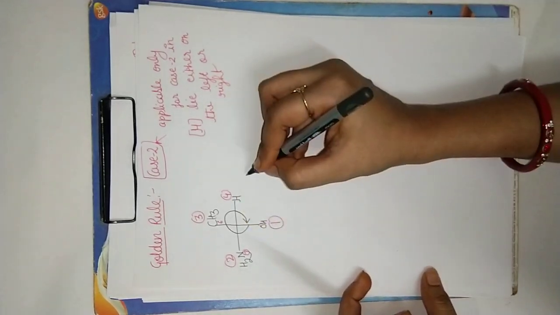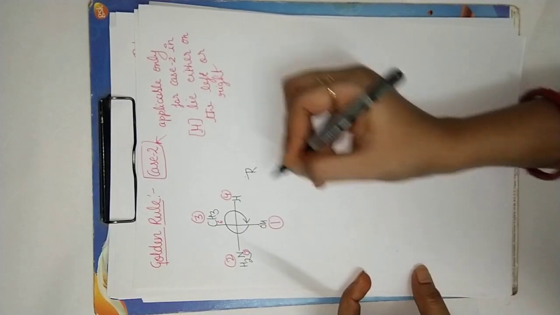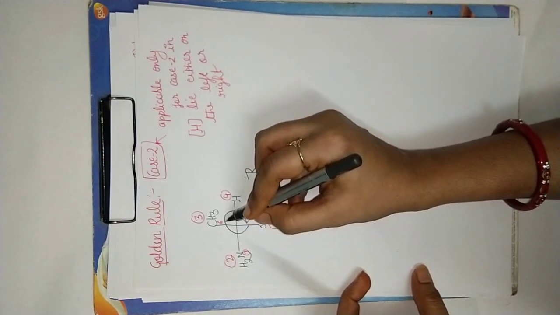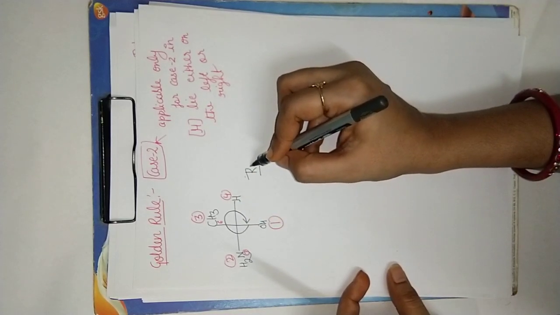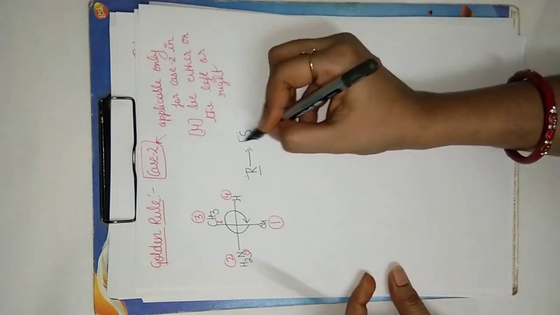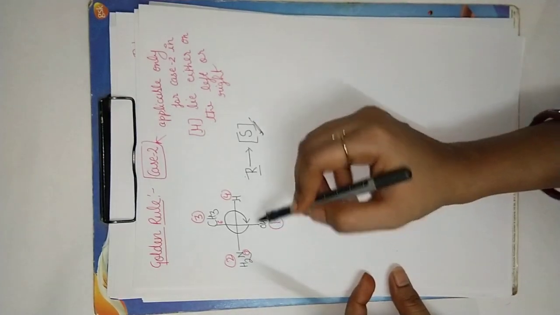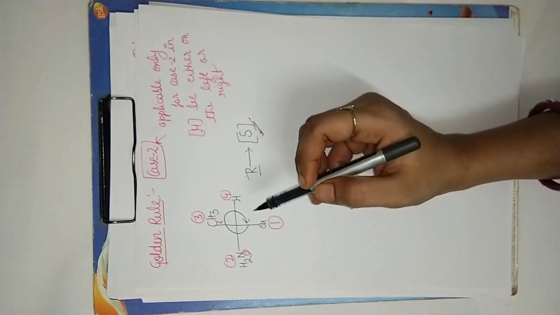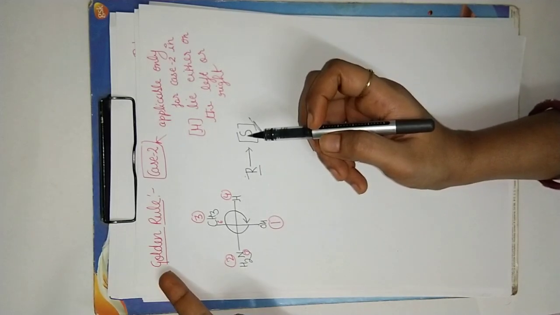Whatever configuration is coming, I think this configuration is coming R. Whatever the configuration is coming, write it down straightforward, and it is converted into S configuration. This is the S configuration. This is the answer.